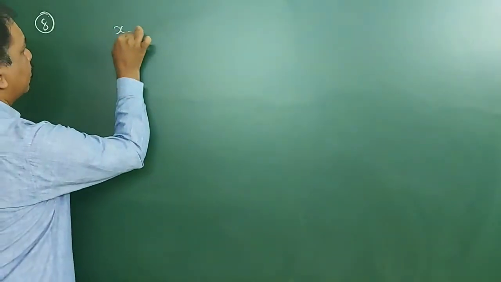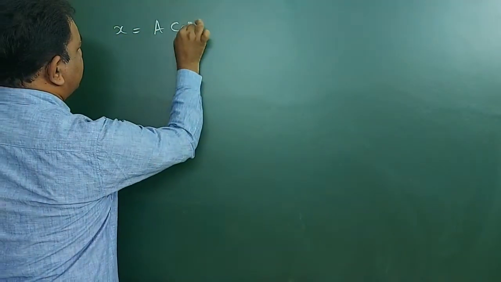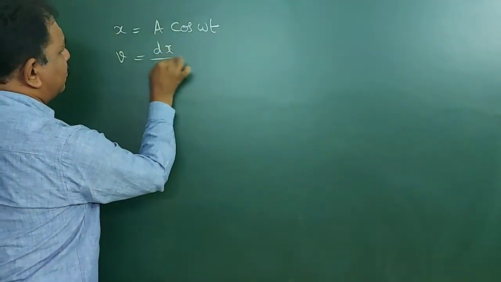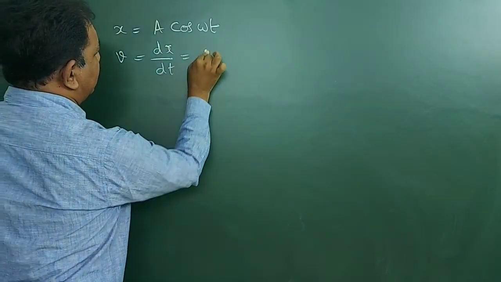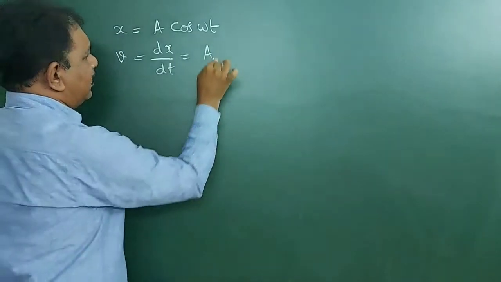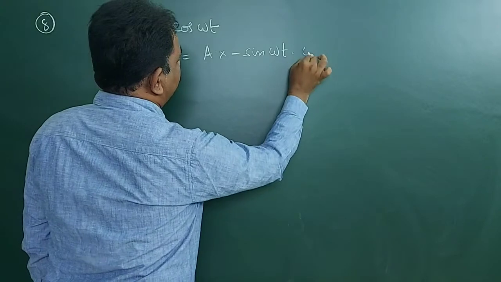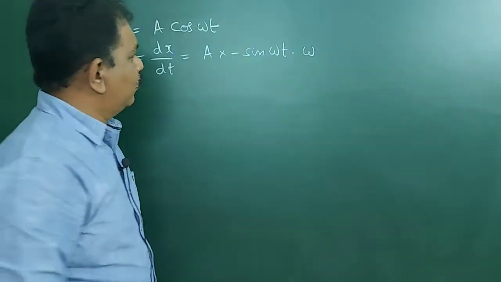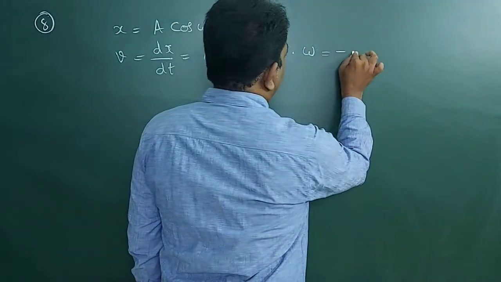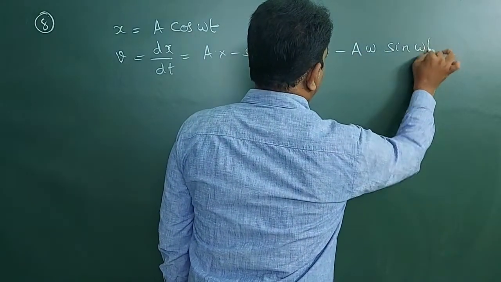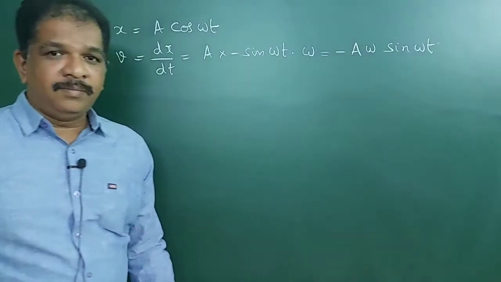X is equal to a cos omega t, v is equal to dx by dt, differentiation of cos omega t becomes minus sin omega t into omega. So minus a omega sin omega t will be the velocity.